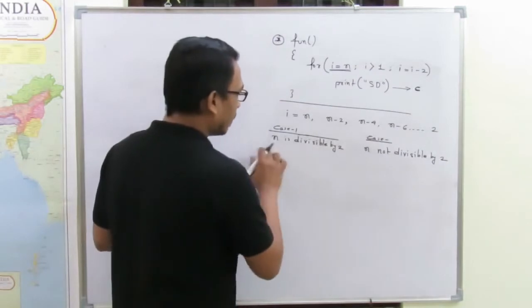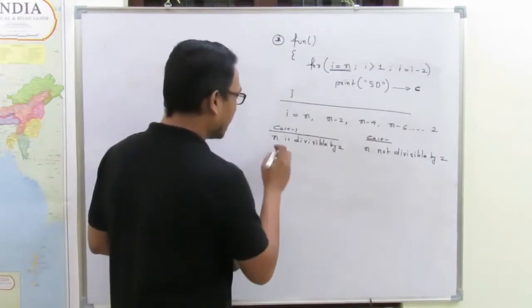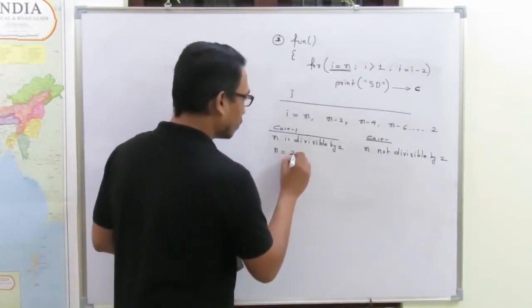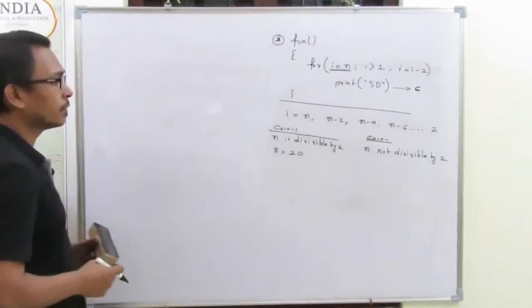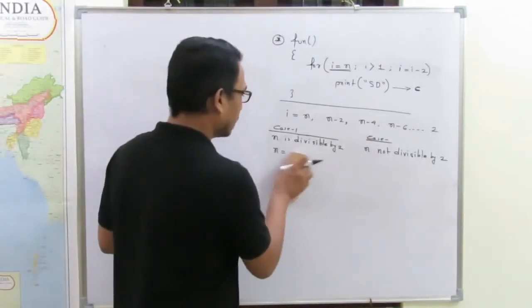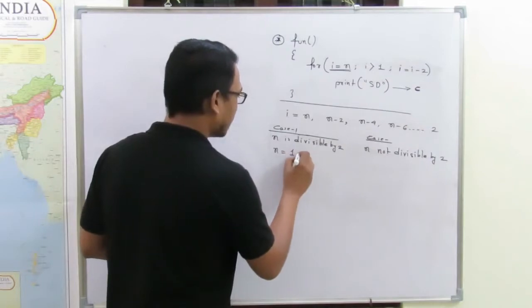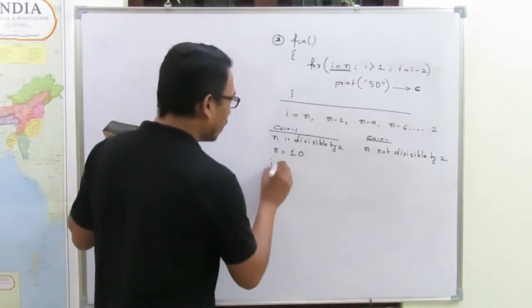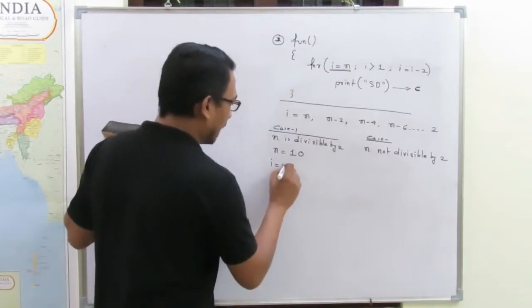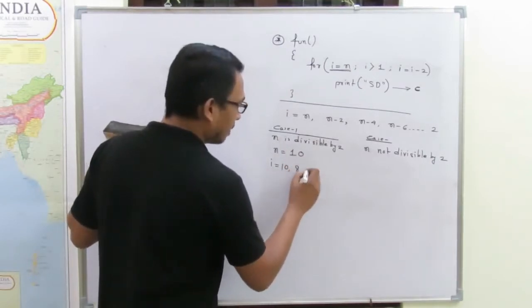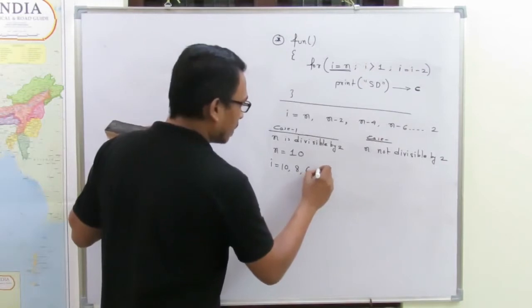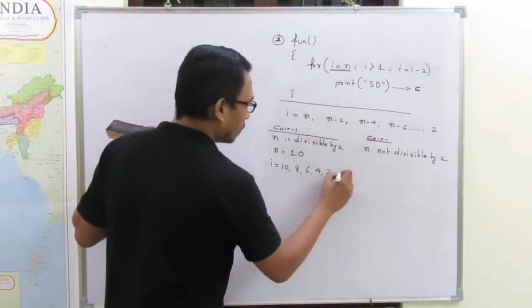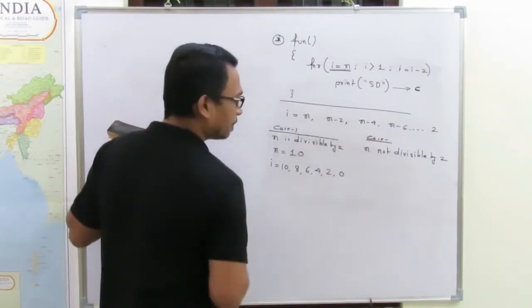Let's take an example. In this case, let's say n is 20. Let's reduce the number. Let's say the number is 10. So what will be the value of I? The value of I in this case will be 10, 8, then 6, 4, 2, then 0. Clear?